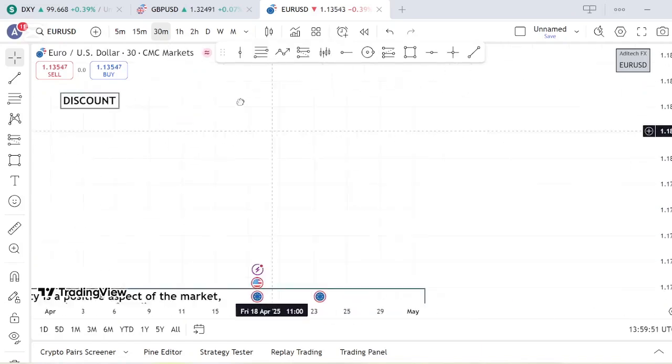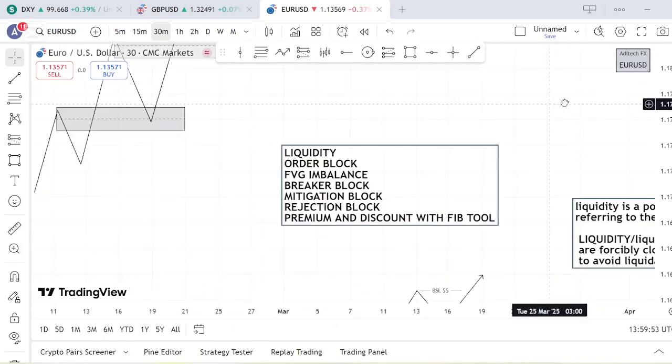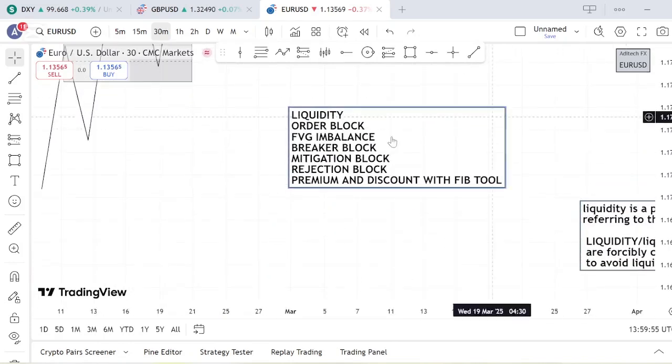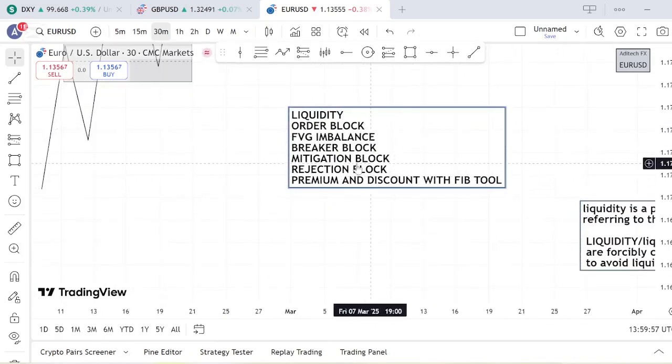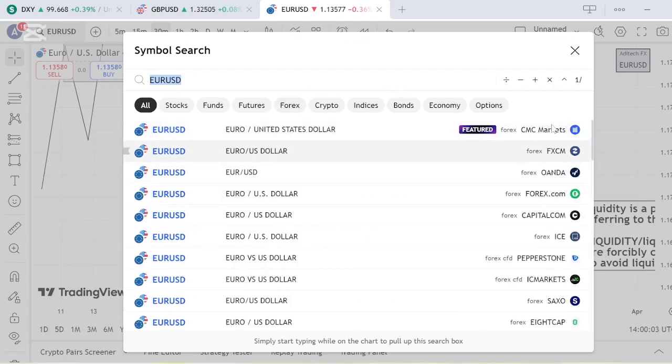And also, we left some part untouched, which is our fair value gap and rejection block. So I'll show you on the chart right now. So let's switch to a currency pair. You can actually use this strategy on any currency pair. So let's start with Euro USD, right?